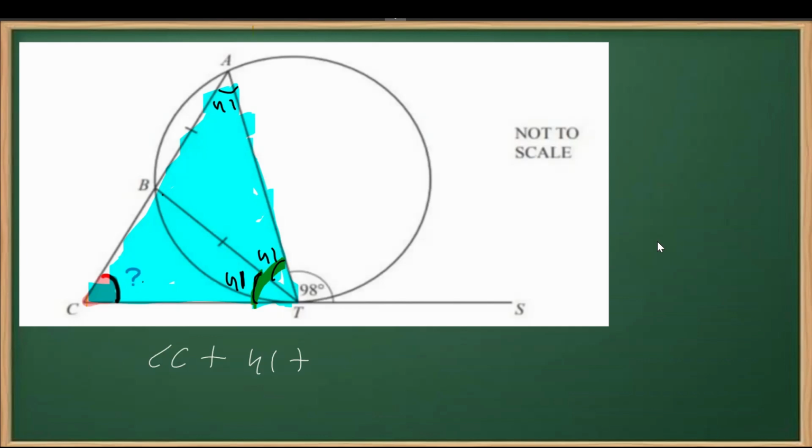So 98 plus C is equal to 180. Angle C will be 180 minus 98, and then again subtracting 41, which should give you 41. So we got this angle as 41 degrees. That's how we will do it.